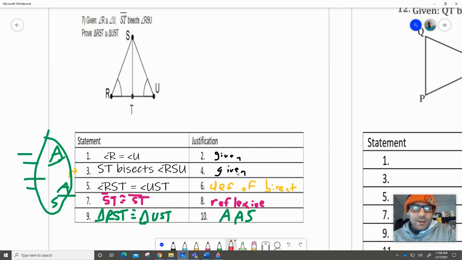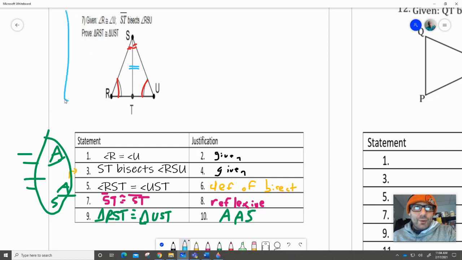As long as you know that the givens go up front, the statement goes on the bottom, and you fill in the middle as you go. So they gave us R and U being congruent. ST bisects RSU, so that makes this congruent to that. And they share the side. Bang. So we have angle, angle, side, making them congruent. There you go.